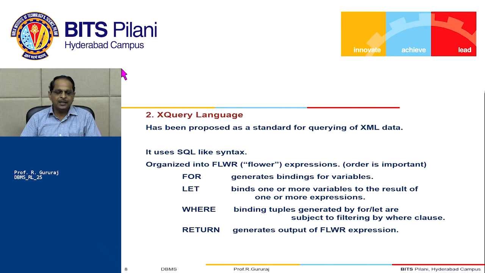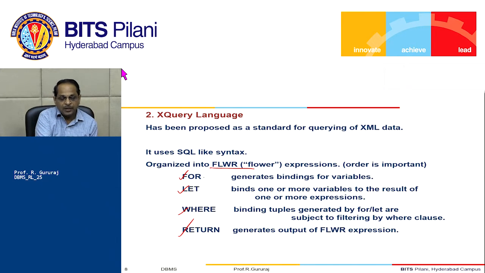Similarly, here we use for, let, where, return clauses to express our queries. If you collect all these first letters, FLWR, in short it is known as FLWR expressions, pronounced flower expressions. The expressions written in the XQuery language are understood to be flower expressions.